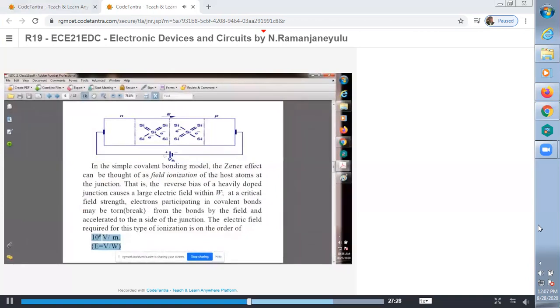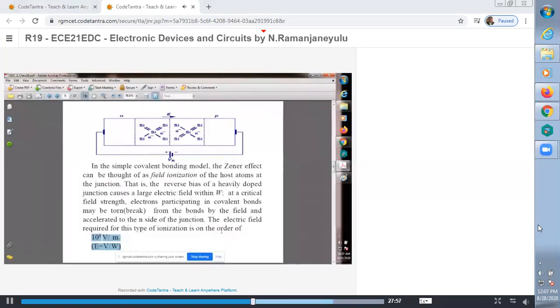In the Zener effect, in covalent bond modeling, how is a large electric field created? W is very small, and W being small is possible only with a heavily doped PN junction. Once a large electric field is created within the junction, a large number of electrons break the covalent bonds and cross the junction.